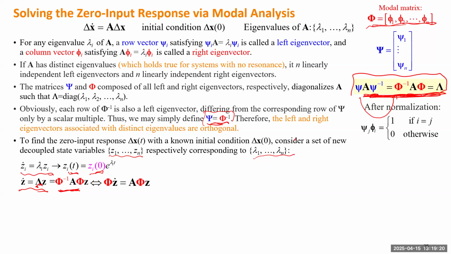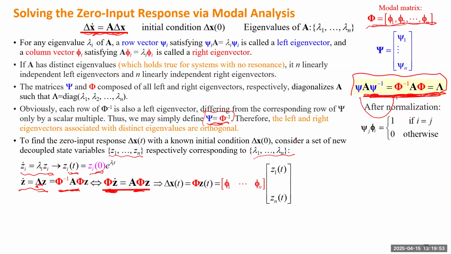Immediately we can multiply both sides by phi, so we'll have phi transforming the derivative of the new state vector. The right hand side will be A multiplied by phi z. Okay, so if we compare this equation to the original equation, we know phi times z will be the response of the original state variable.